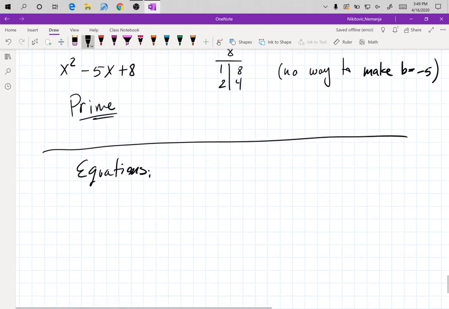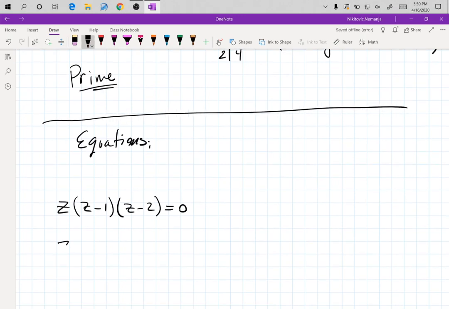So equations. We said equations have to follow those rules where you make sure everything is equal to 0 first, and then you go on with everything. So a simple example is one that's already factored, like this one. And now we use the zero product rule to set each one of these to 0.